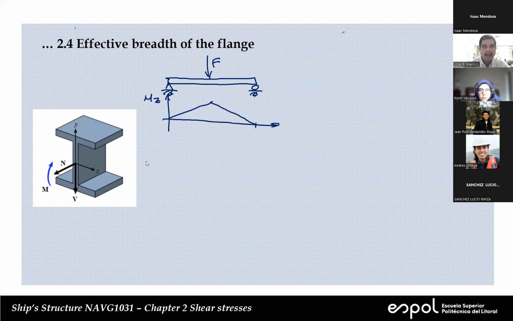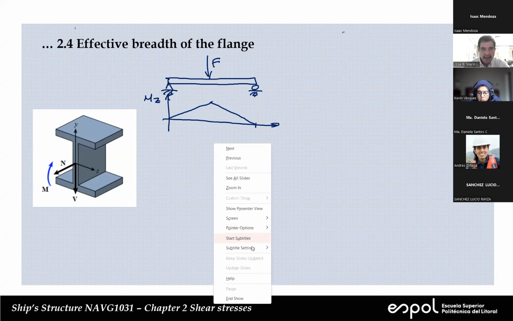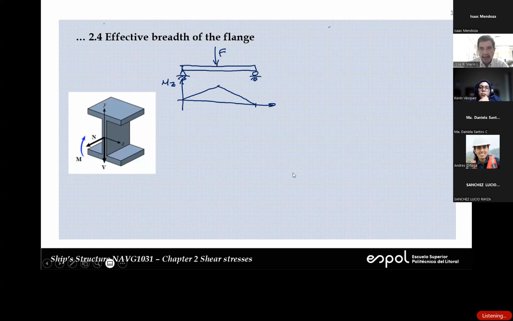Yes, doctor. Okay, so this is the case you are going to analyze, one of the two cases. So you have a concentrated force in the central part, and then this more or less is going to be this.